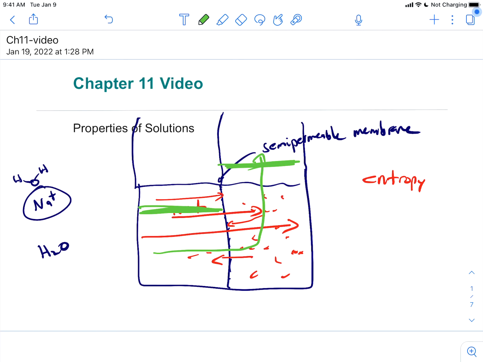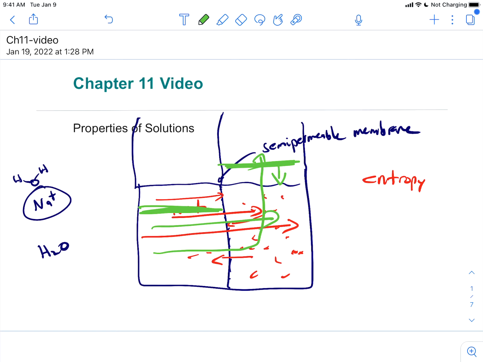You reach a certain point where it's going to have to stop, right? You can't just have all the water move until it's all dry over here. Why? Because there's an opposing force, right? If you've taken physics, you know that's gravity. This water column is now subject to greater force due to gravity than this one over here, because force is mass times acceleration.